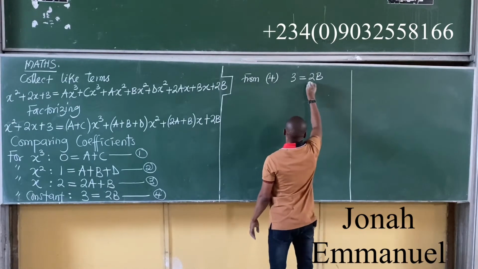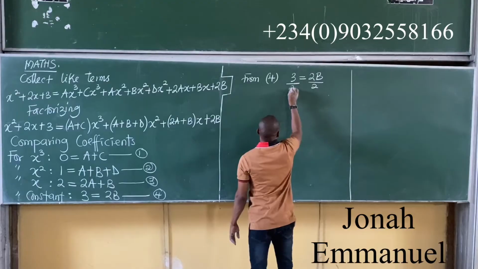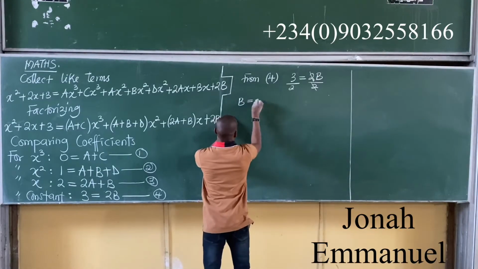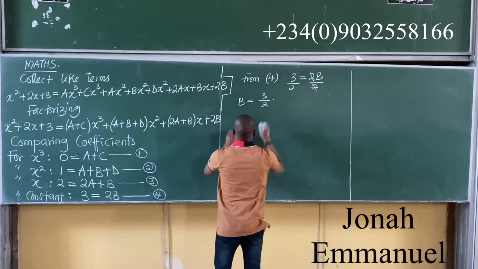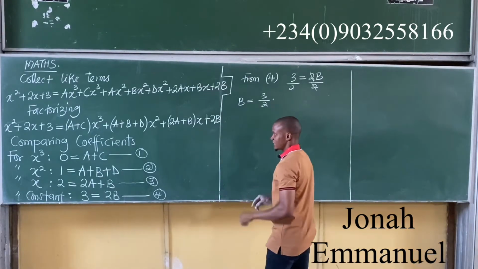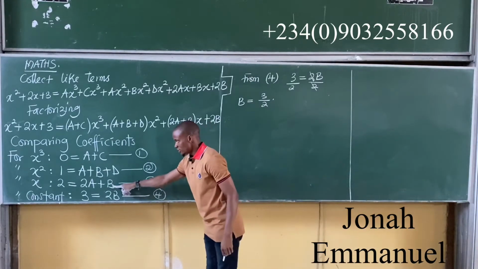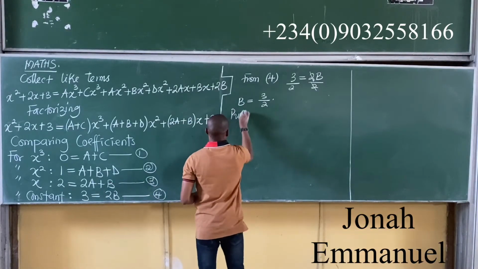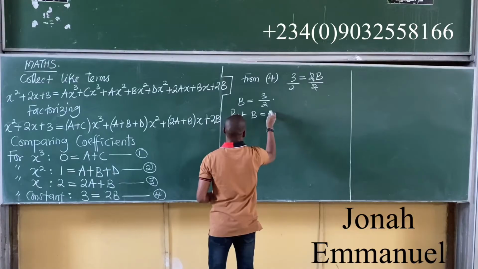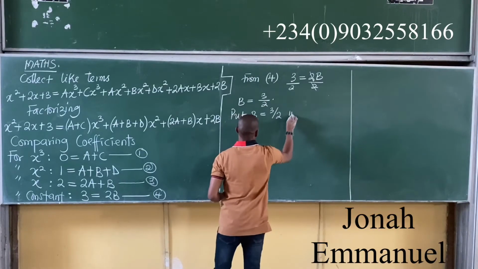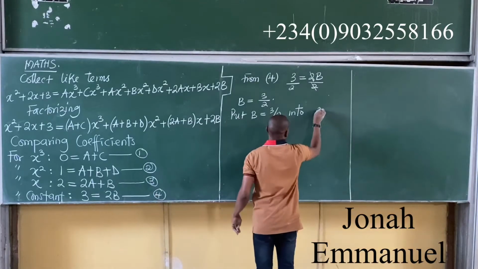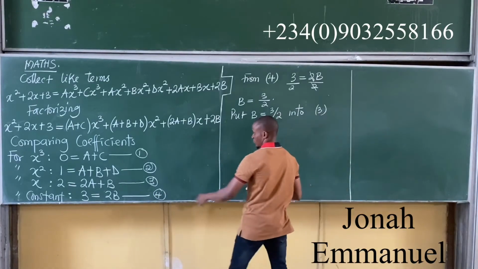To get b, divide by 2 on both sides. So b is equal to 3 over 2. I've gotten b. The next task, we put b into equation 3 so I get a.